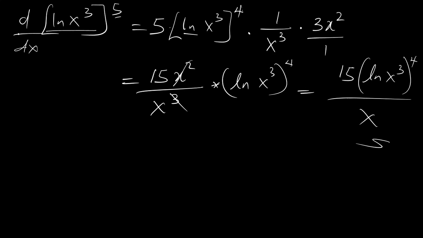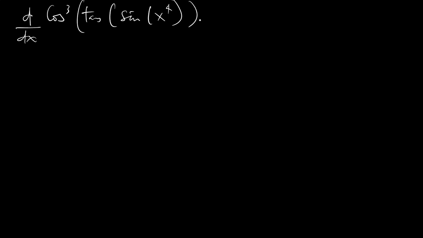Now let's say you have a problem that looks like this. You are asked to find the derivative of cos cubed of tan of sine of x to the power 4.